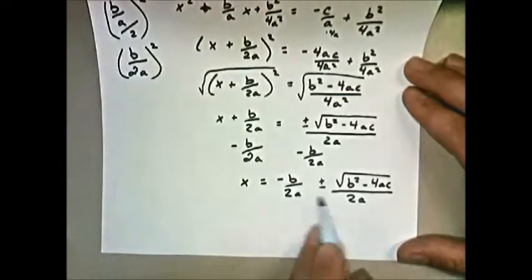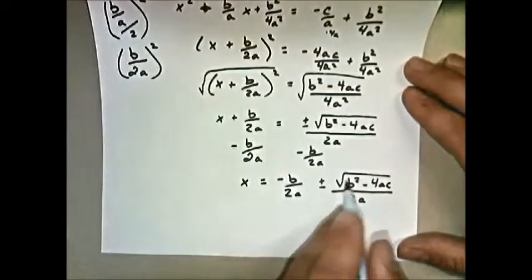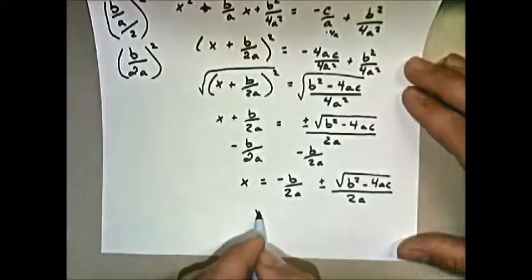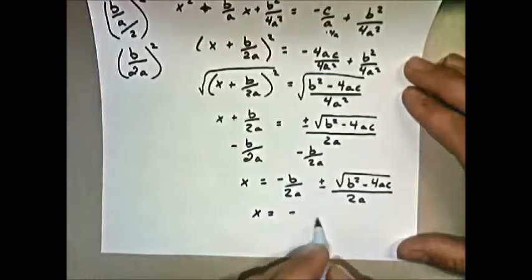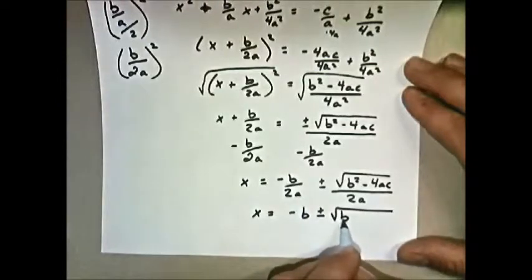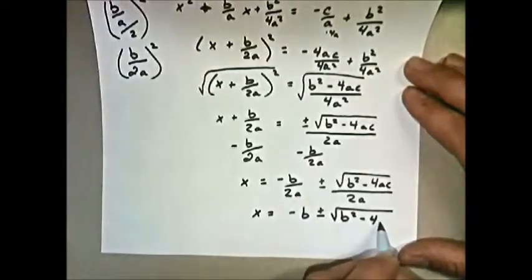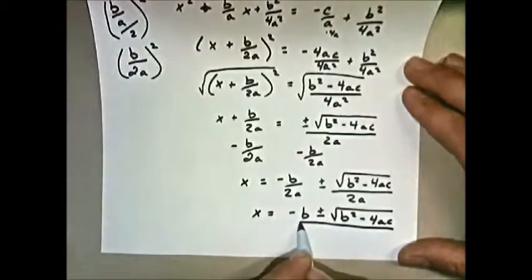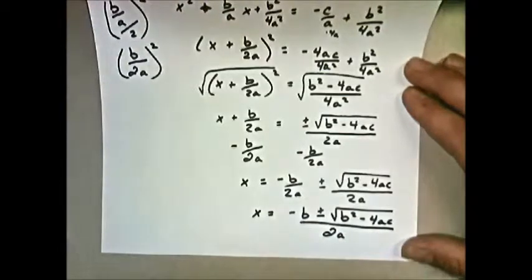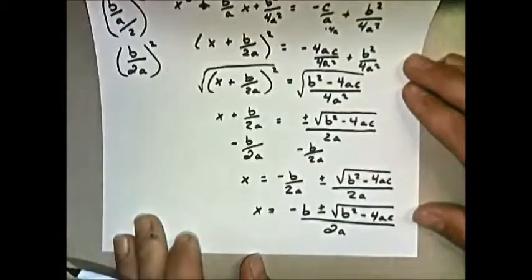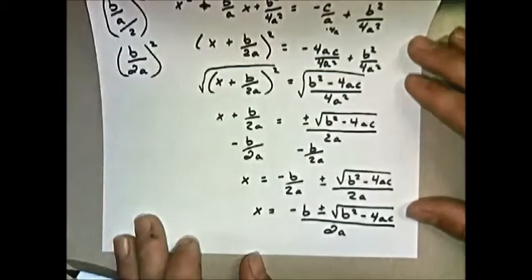Notice my denominators are the same, so I can combine these by placing them over the same denominator. So I get negative b plus or minus the square root of b squared minus 4ac all over 2a. And now you ask yourself, what in the world does that do for me?